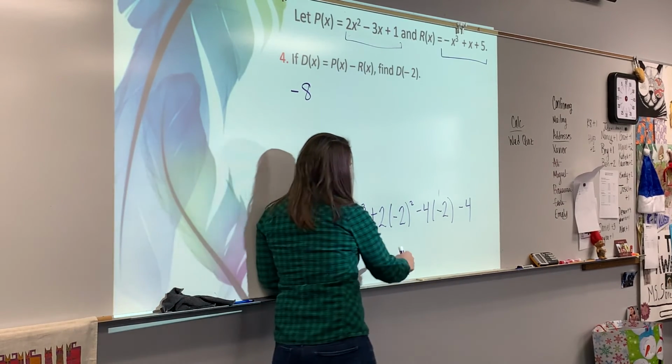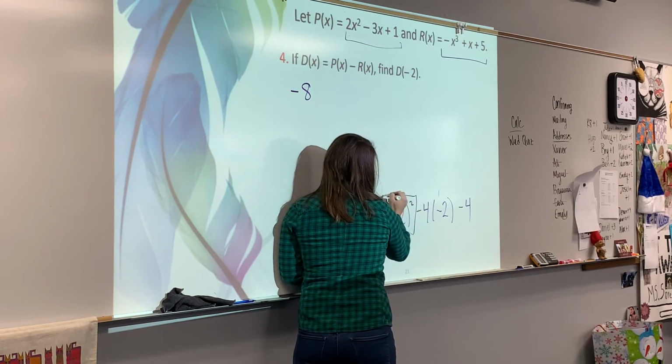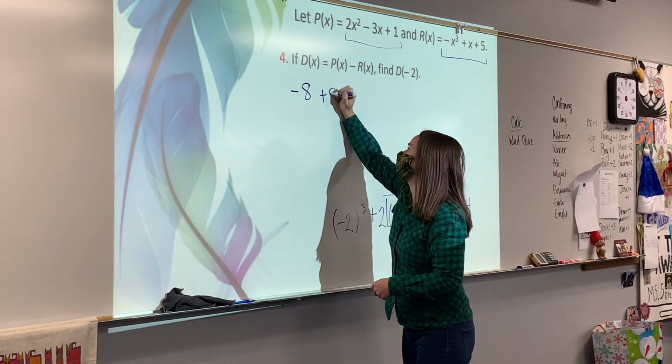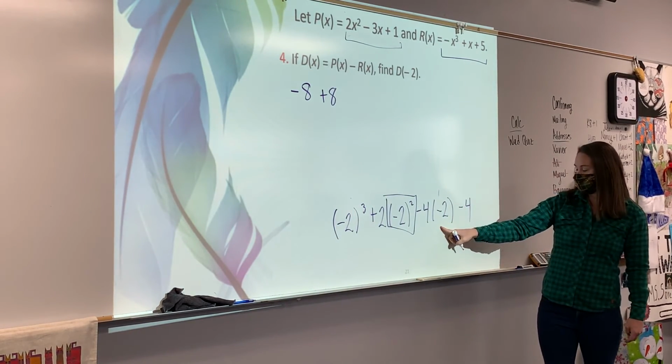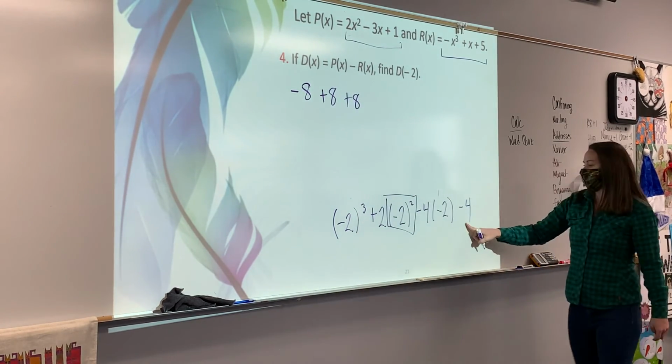All right, now what is negative 2 squared? 4. Then 4 times 2 is good. All right, what's a negative 4 times a negative 2? Positive 8. And then minus 4.